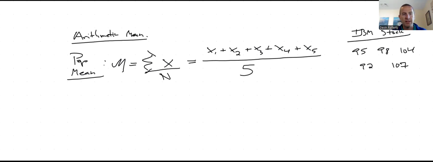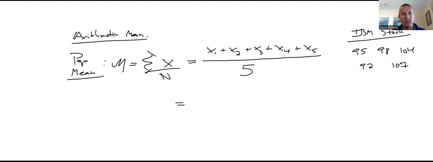So what this is telling us is, again, summate the x terms. How many x terms do we have? We have x1, which is 95, x2, 98, x3, 104, x4, 92, x5, 107. So we have to add up all of those x's and then divide by the number of observations, which is 5.